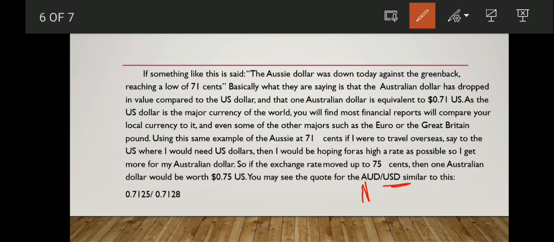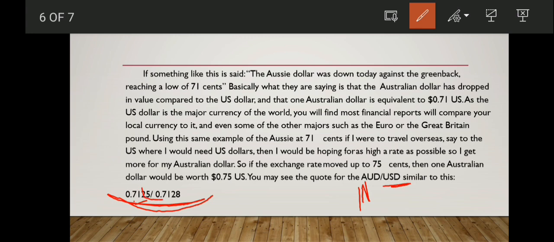That's why you are seeing 0.71 here. You may ask, why are we seeing two different prices? In the example, we say one Aussie dollar equals 71 cents. That's why you are seeing 0.71. The difference in these two prices is from the third to the fourth decimal place.